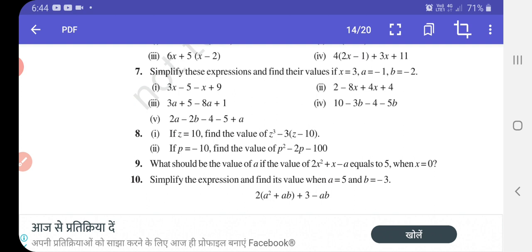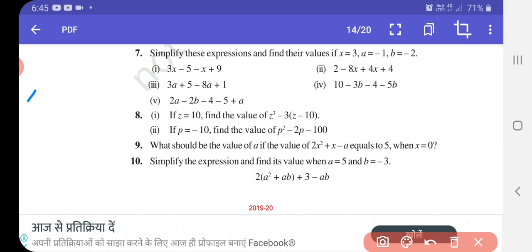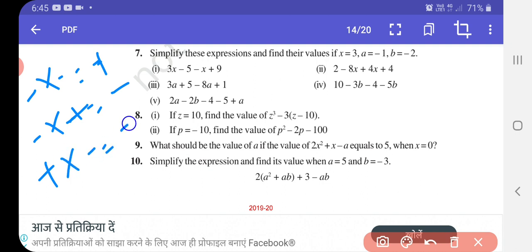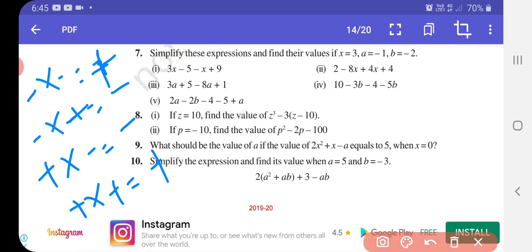Okay, you know, we have completed in the integer chapter what the rules are: minus into minus always plus, and minus into plus is always minus, and plus into minus always minus, and plus into plus always plus. When the like signs, both minus or both plus, then we always get positive.